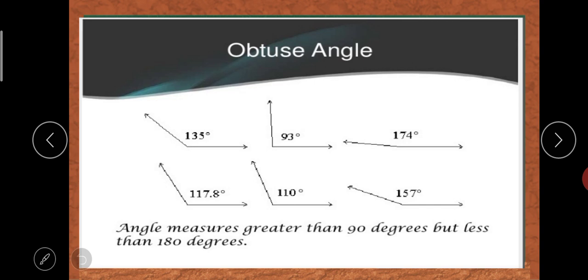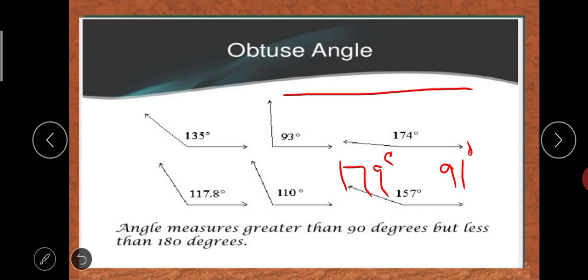So let's see the definition: an angle measure greater than 90 degrees but less than 180 degrees. All these measurements are more than 90, but they should be less than 180, because 180 means a straight line. So from 91 degrees up to 179, whatever angle forms, we say it is an obtuse angle.